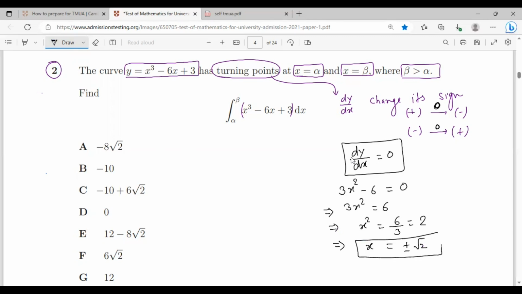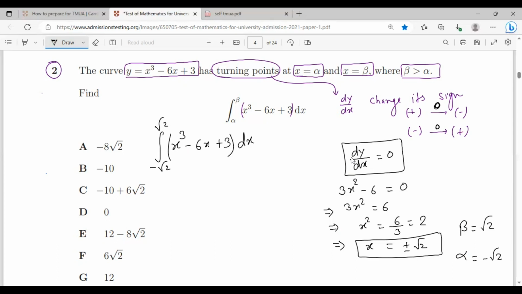So we have two turning points, one will be alpha and one will be beta. Beta is greater, so beta is plus root 2 and alpha is minus root 2. So we have to find the integration from minus root 2 to plus root 2 of x cube minus 6x plus 3 dx.